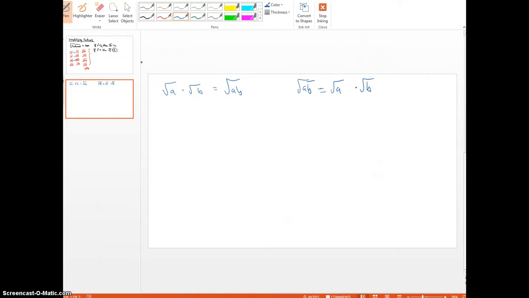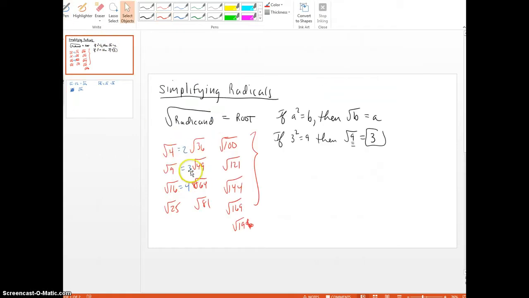When we do this, we look for a perfect square that goes into the radical. Let's go with the square root of 32. I want to break this up into a perfect square and the factor that it multiplies with to give me the radicand. So what is the largest perfect square from this list that goes into 32?